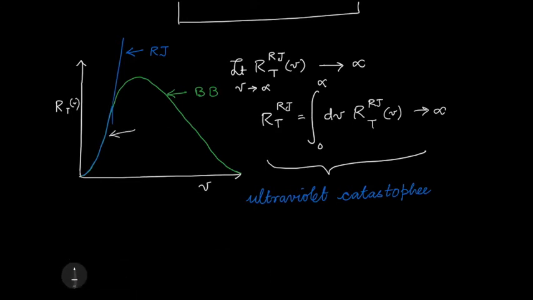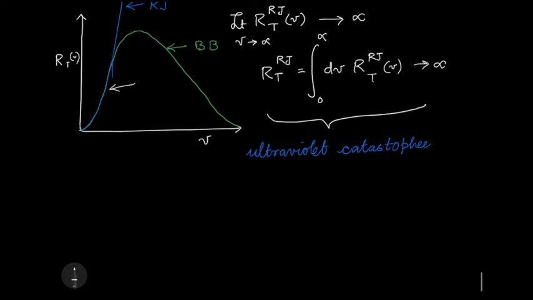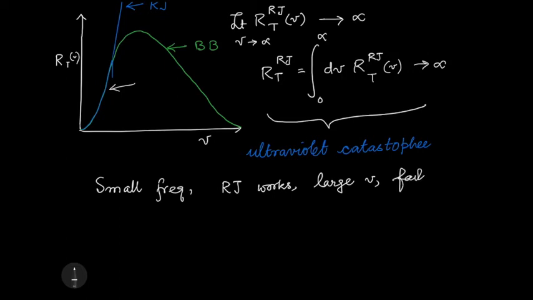So what you learn from here is that at small frequencies Rayleigh-Jeans works fine. At large frequencies it doesn't. The blackbody irradiance goes to 0, but Rayleigh-Jeans fails at large frequency. So at small frequency RJ works, at large nu it fails.